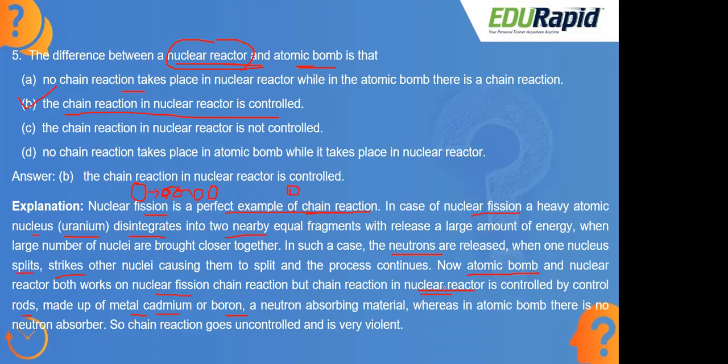So the nuclear reactor has control rods, which can stop the nuclear reaction or slow it down. It is completely in control. But what happens in an atomic bomb? In an atomic bomb, there is no presence of a neutron absorber.